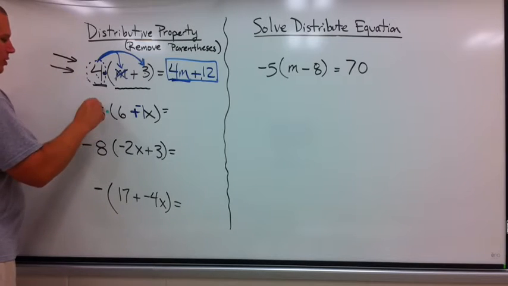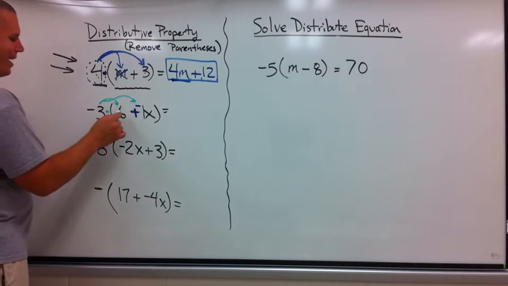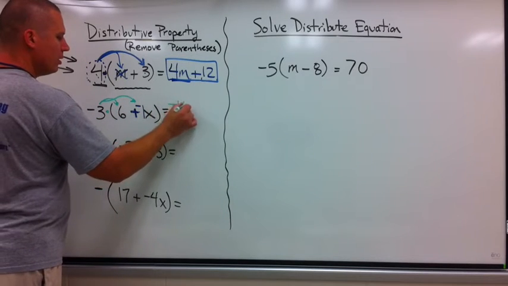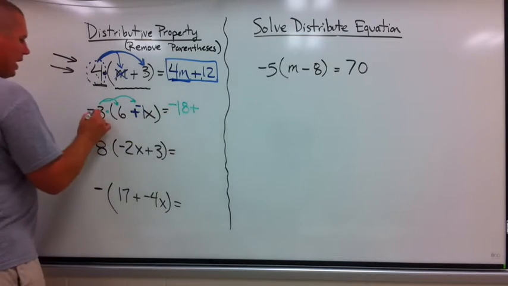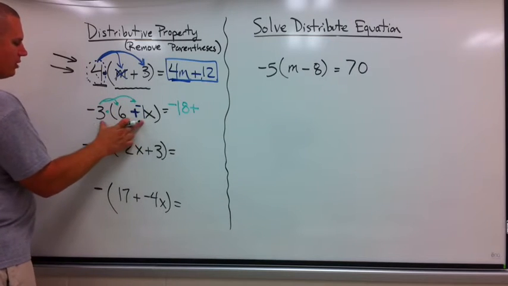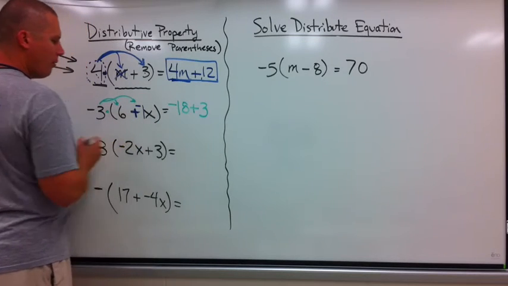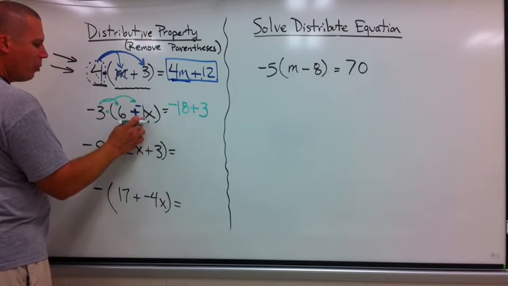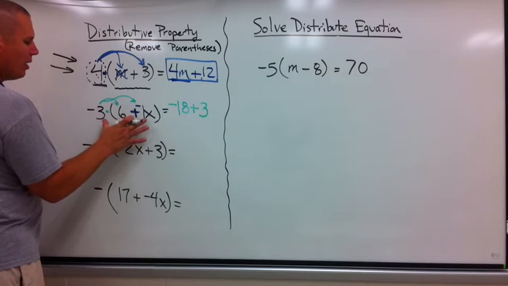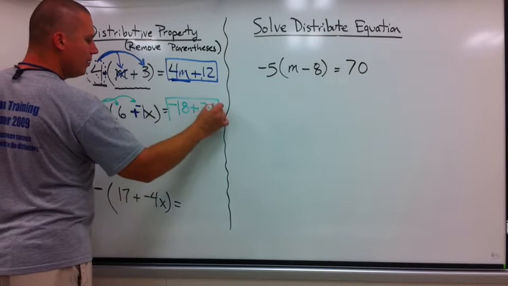Outside number times, jump it over the fence to everything on the inside. Negative 3 times 6 is negative 18. Negative 3 times negative 1x. Take the coefficients and multiply them. Negative 3 times negative 1 is 3. I still have an x with the 1. The x should now be with the term, 3x. Put a box around. I am done.